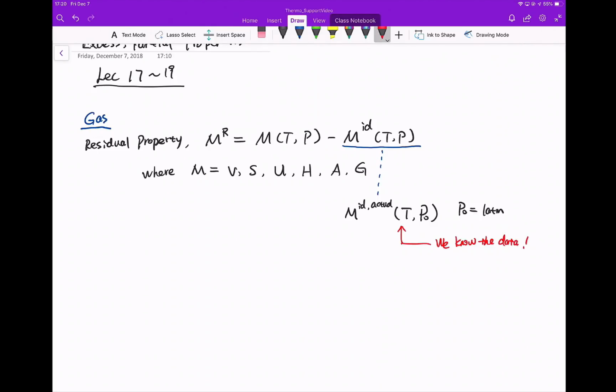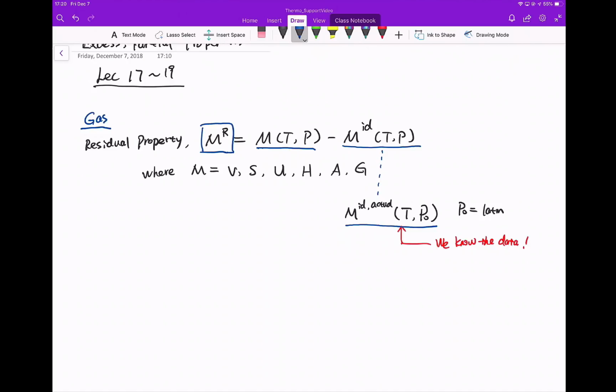Now the question is, in order to calculate this residual property MR, we evaluate the difference between the actual M and the imagined ideal gas behavior at this high temperature and pressure, and we also connect the actual ideal gas behavior at a high temperature but low pressure P0 at 1 atm.